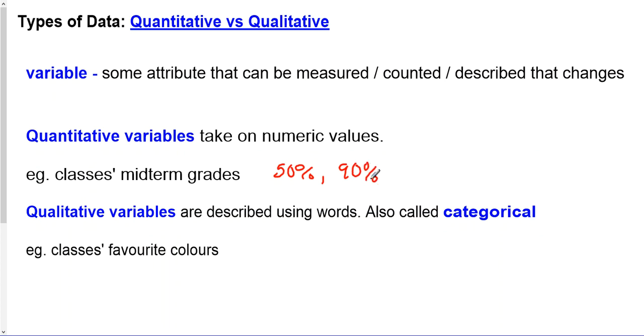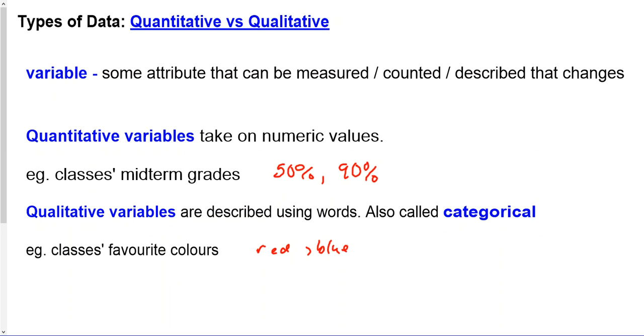Because they can be expressed in numbers, that would be a quantitative variable. If, on the other hand, we were to look at something like the class's favorite colors, which would be things like red or blue, those can only be described in terms of words. So we would call that a qualitative variable. Qualitative variables are sometimes called categorical because we can divide these things into categories.